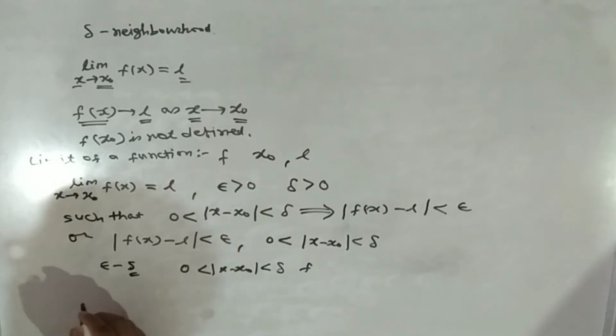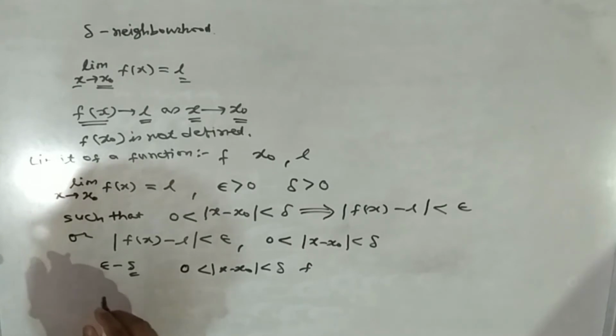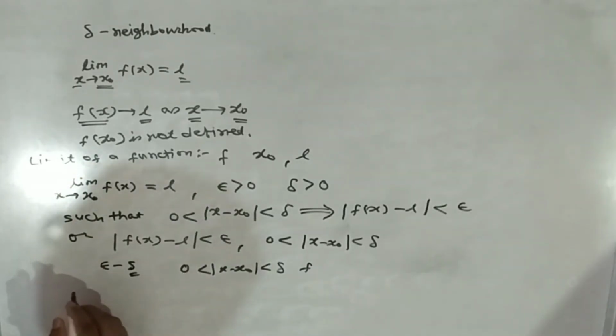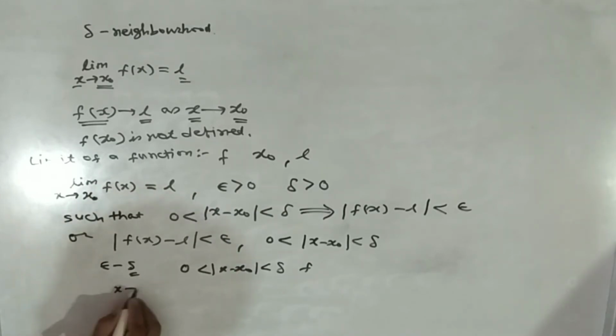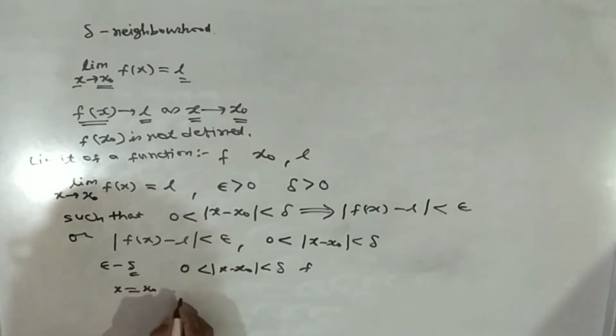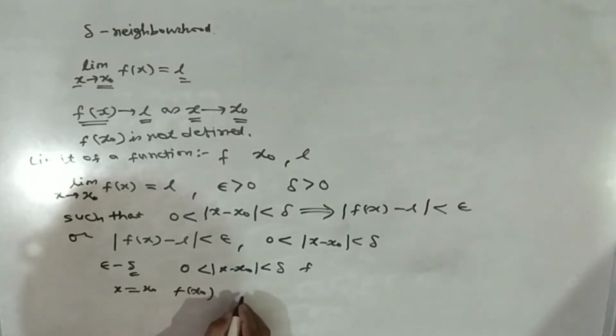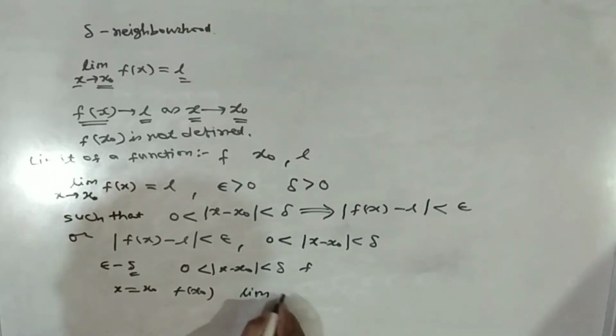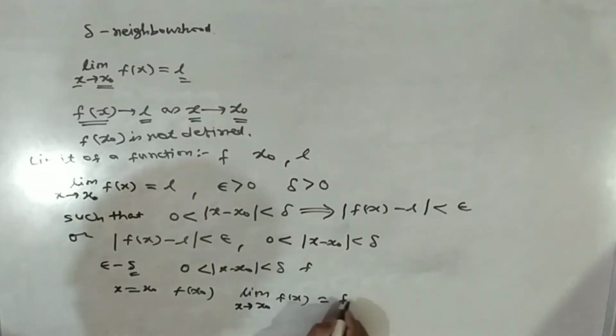Hence, the value of f at x0 is immaterial for the consideration of the limit of f of x, and thus f need not be defined at x equal to x0. Even if f of x0 is defined, it may or may not happen that the limit of f of x as x tends to x0 is equal to f of x0.